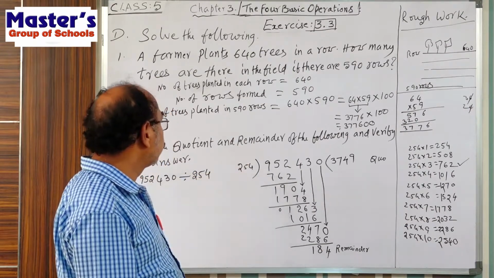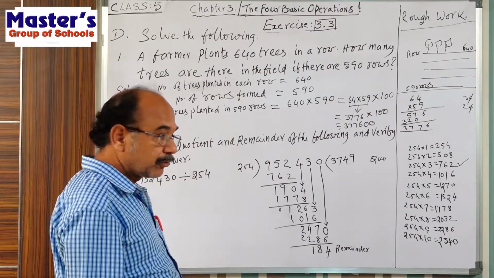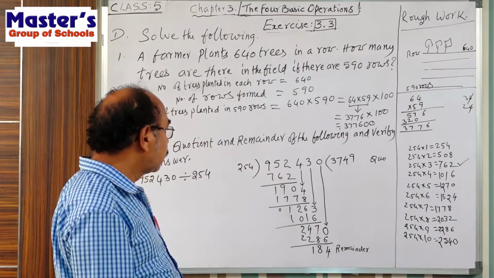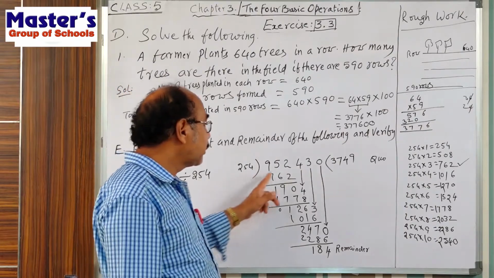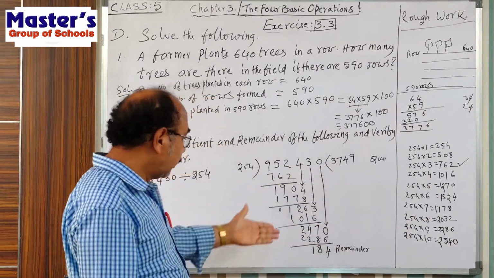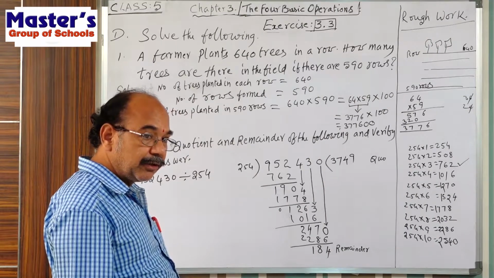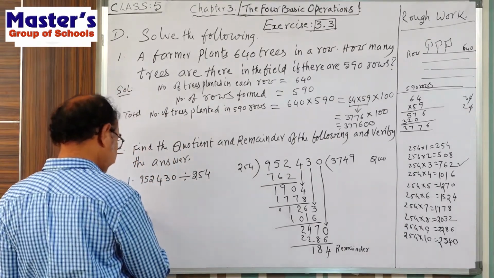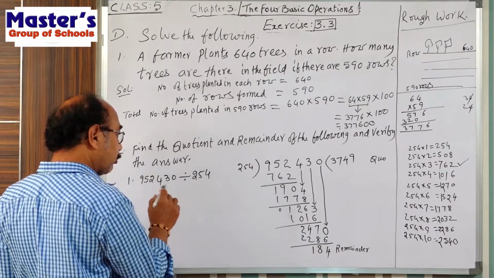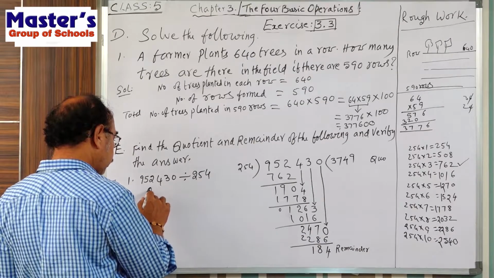Verify. Verification means what we do? Verification means multiply divisor and quotient and add 184. So here we write the conclusion. What do we write in the conclusion?